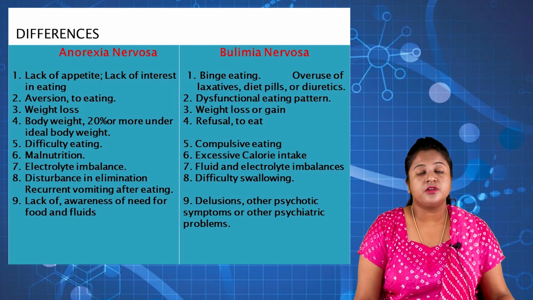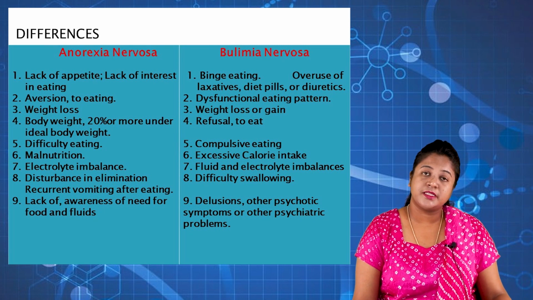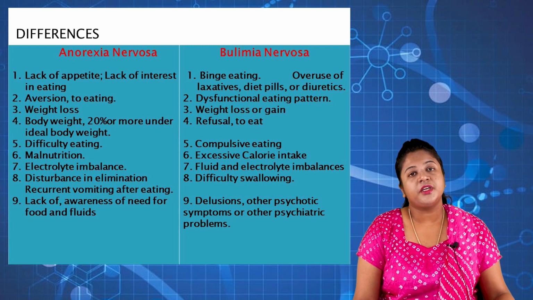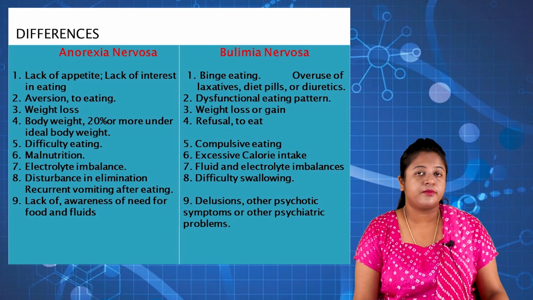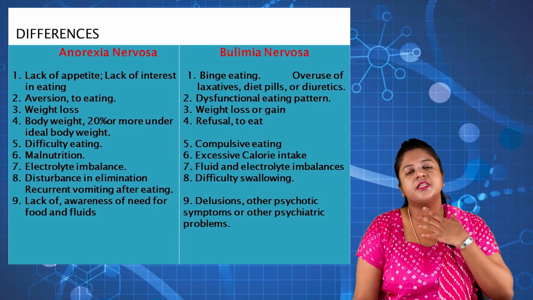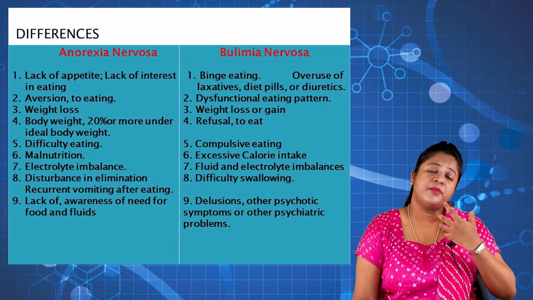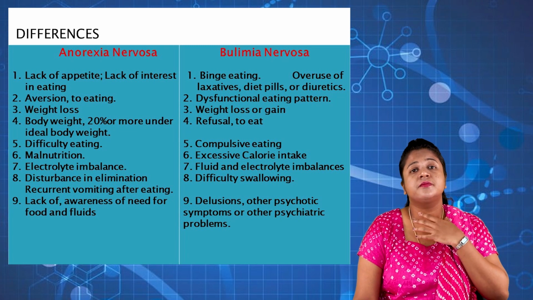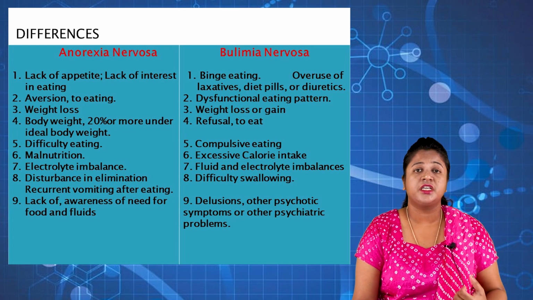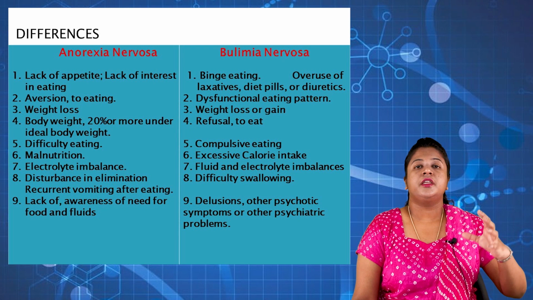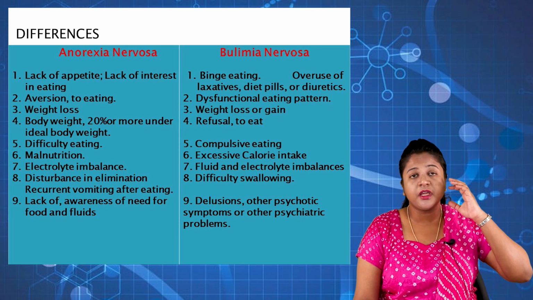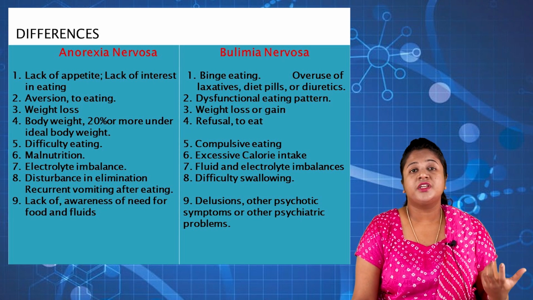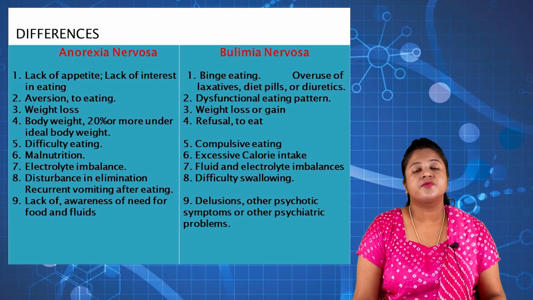In case of anorexia nervosa, you can note that there is a disturbance in elimination, recurrent vomiting after eating the food. In case of bulimia nervosa, there is difficulty in swallowing because of the vomiting or compensatory mechanism to such an extent that the person may have a raw throat or difficulty in even swallowing the food. In case of anorexia nervosa, there may be a lack of awareness of the need for food as well as fluids.